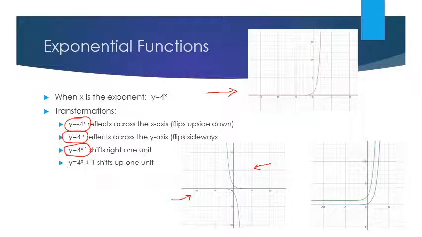That shifts it to the right 1 unit. That's this blue one. But what if something is added after the exponential term? That's going to shift it up in the same way that happened with our parabolas. So those are some similar patterns that you can discover. And if you want to go into Desmos and fool around and look at how things change, put in the basic formula and try changing a few things and see how it shifts.